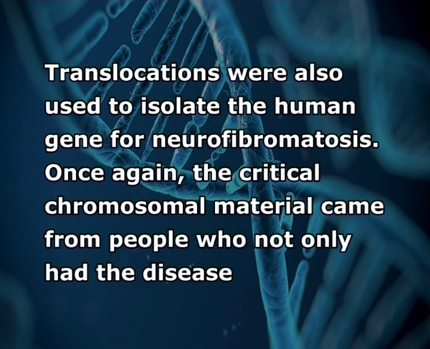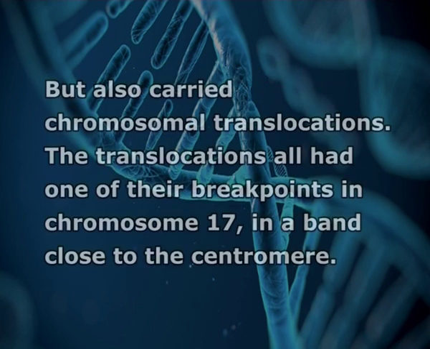Translocations are also used to isolate the human gene for neurofibromatosis. Once again, the critical chromosomal material came from people who not only had the disease but also carried chromosomal translocations. The translocations all had one of their breakpoints in chromosome 17, in a band close to the centromere.